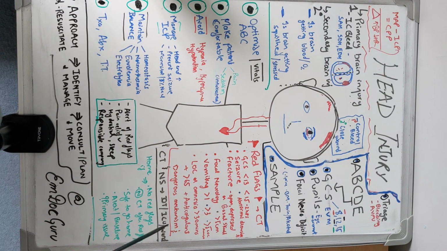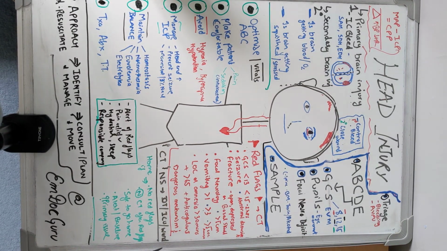GCS of less than 8, or intubated, or seizures, or if they need extra vigilance, they will go to ICU. GCS between 9 to 12, you would consider admitting for an extended period of observation.